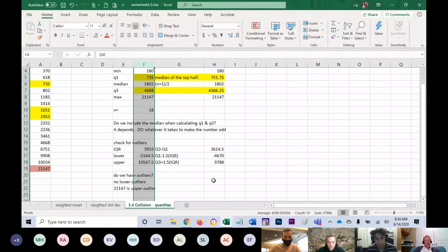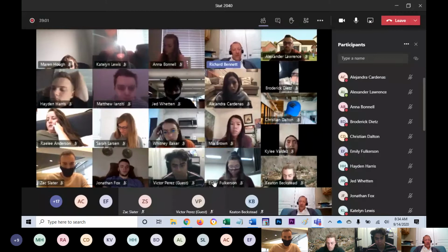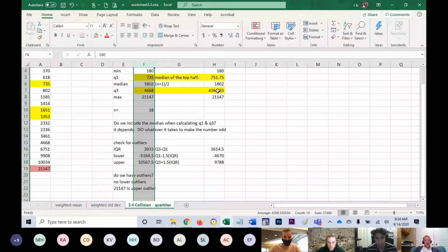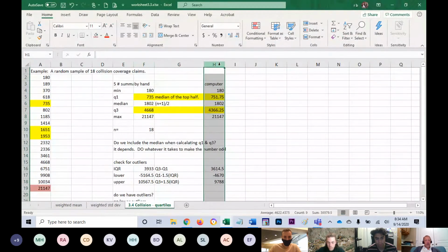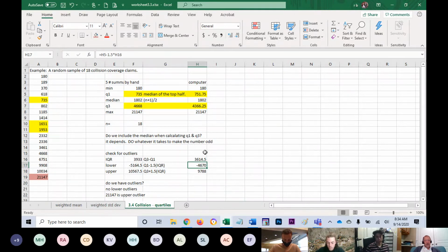Now, do we have more than that? Let's use these numbers over here, the computer numbers. Do we have any lower outliers, first of all? No, we don't have any lower outliers, so we don't have any negative numbers.